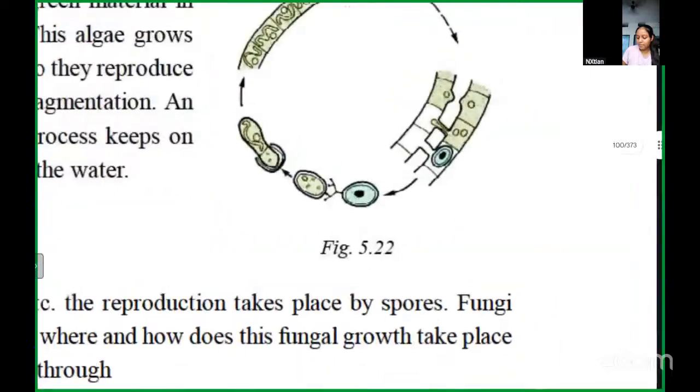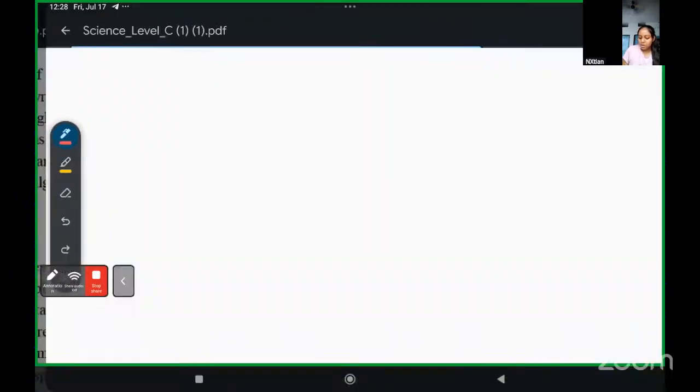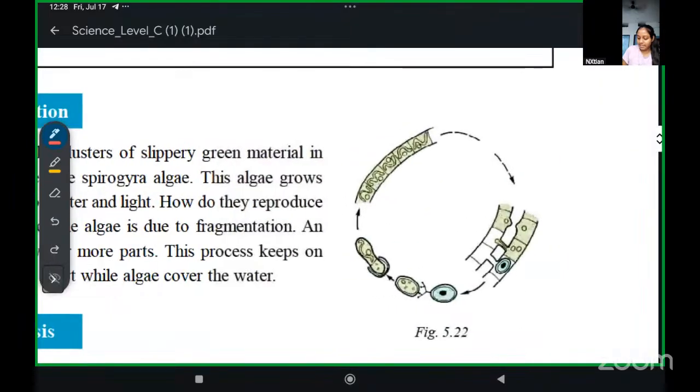You can see here, it divides itself into fragments. Like this is the structure, and it will divide itself into another fragment like this, and then another fragment like this.